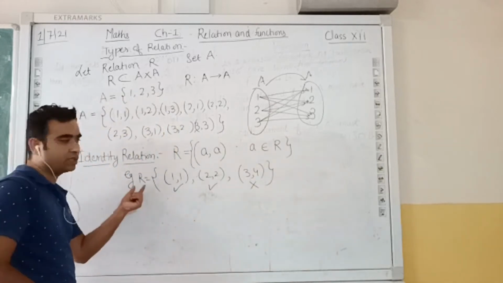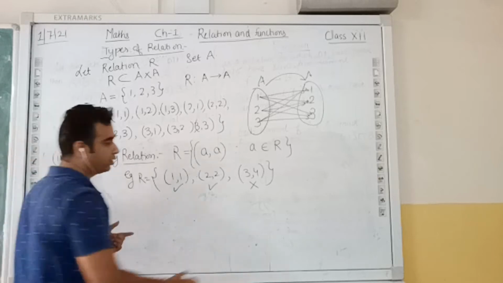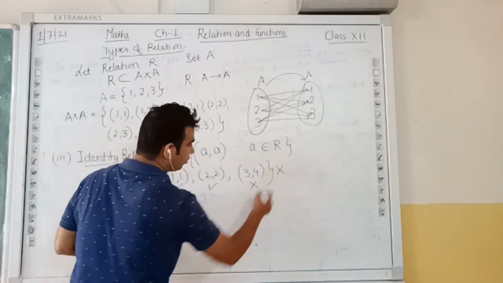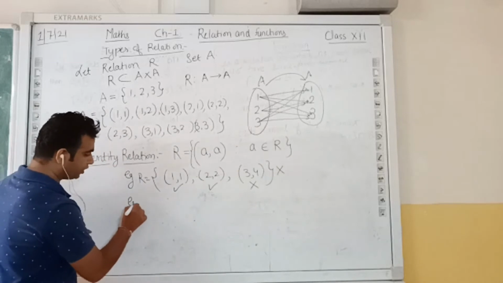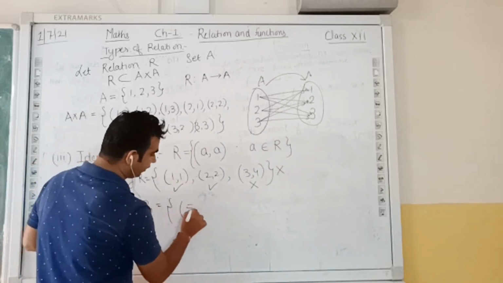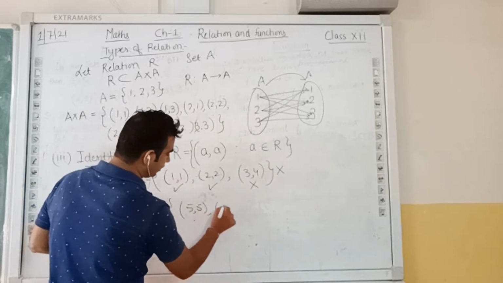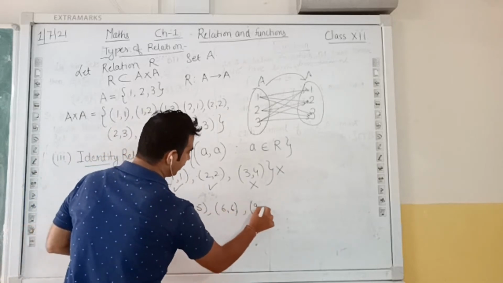So we will say this complete relation will not satisfy the condition of our identity relation. So this one will not be an identity relation. This time we can add another example R1 in which I write 5 comma 5, 6 comma 6, and 9 comma 9.